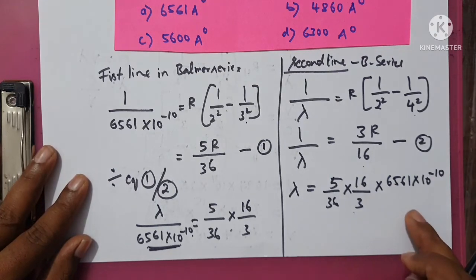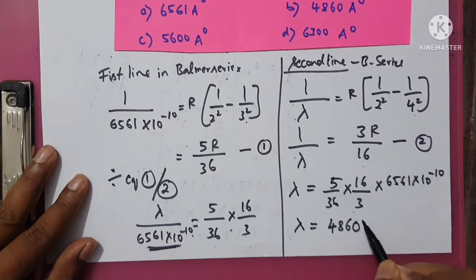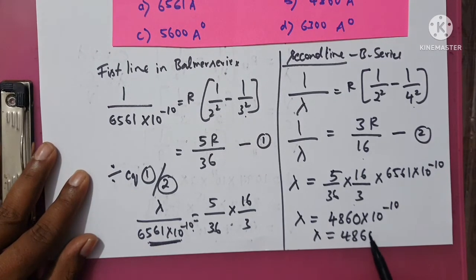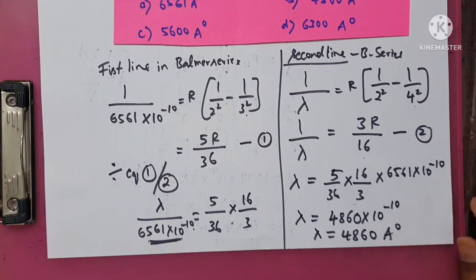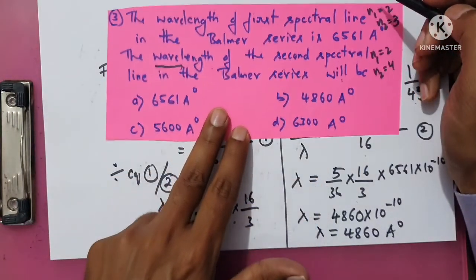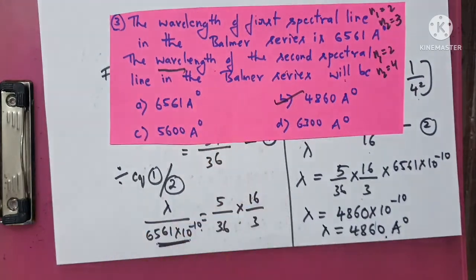When we simplify this, you will get a wavelength of 4860 into 10 to the power of minus 10. If you take this in angstrom, that is 4860 angstrom. Hope you got this. The value of 4860 angstrom you can see in option B.